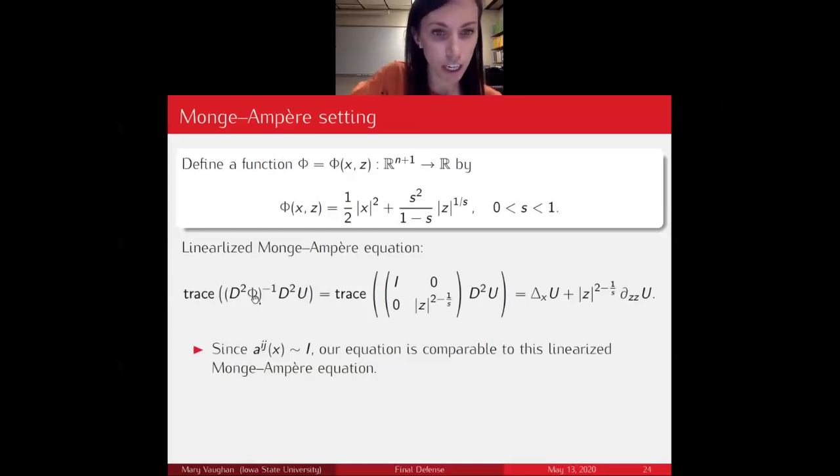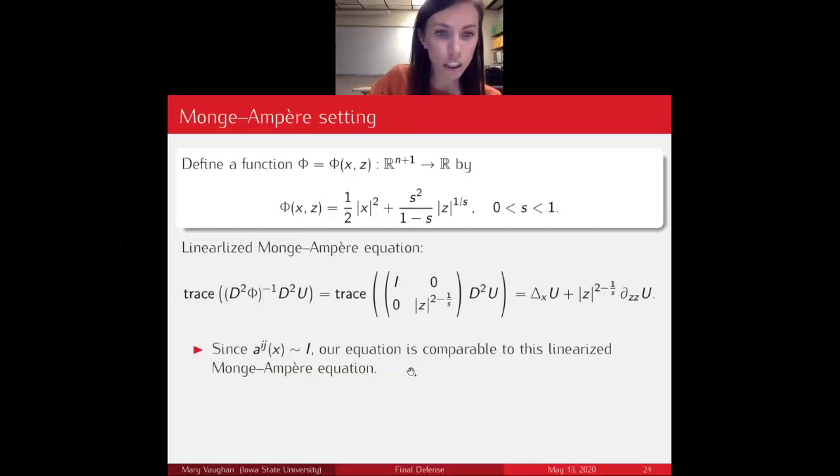So we take the inverse of the Hessian of phi, which in x is just the identity, and in z you take second derivatives, you have 1 over s minus 2. So in the inverse, you have 2 minus 1 over s. And now you multiply these matrices and take the trace, and you have the Laplacian in x and the degenerate term z to the 2 minus 1 over s.